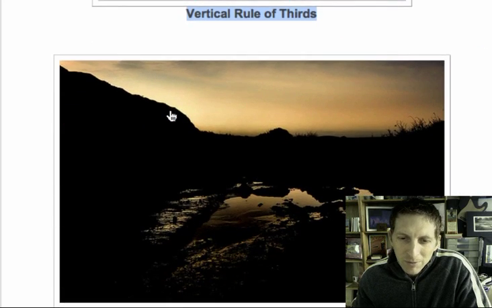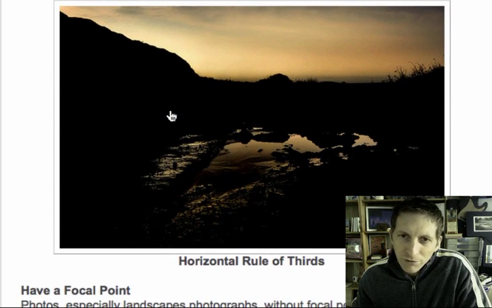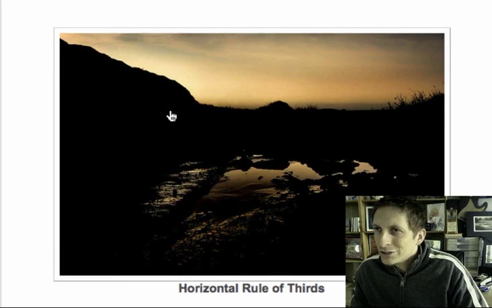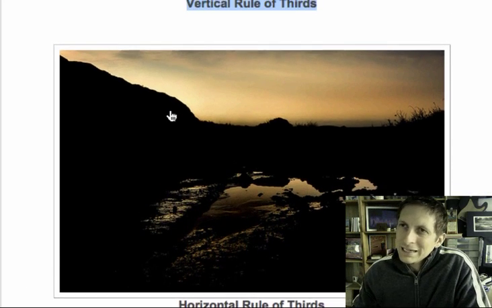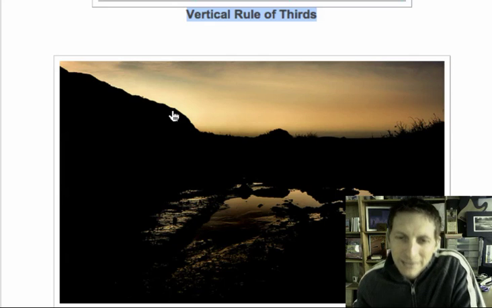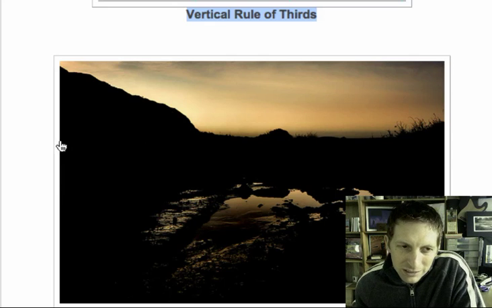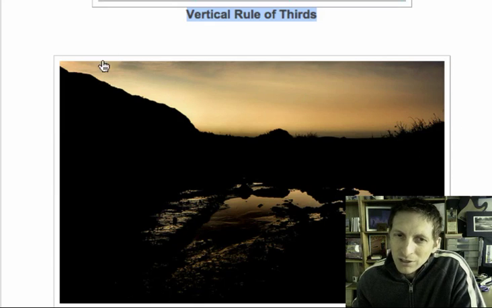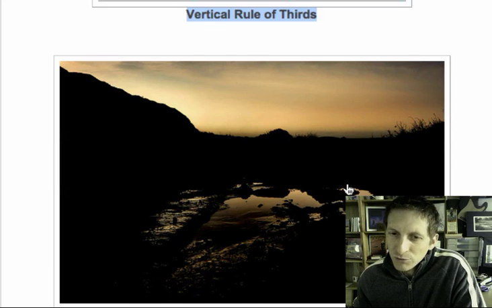Here's the example of horizontal rule of thirds. Now there's no grid line because I want you to start thinking and seeing the rule of thirds more naturally. But notice if you draw a line about right here and right here, this sky fills in about one third of the photograph, and then the black space is about two thirds of the photograph.